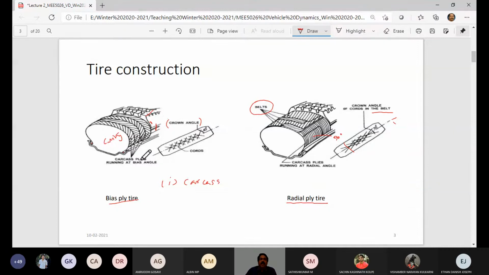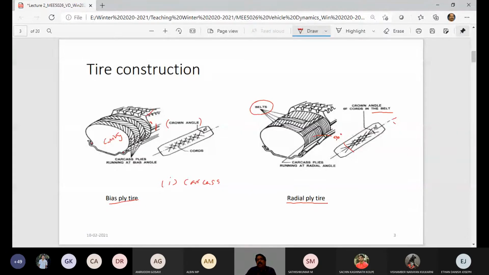That part would be in question if we have a larger crown angle. Whereas if you have a smaller crown angle, you would have more handling properties, but it will not provide the necessary ride expectation. So there should be a compromise, and that compromise is made by the radial ply tire.